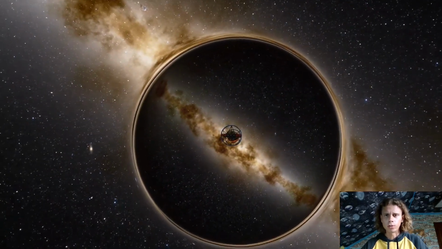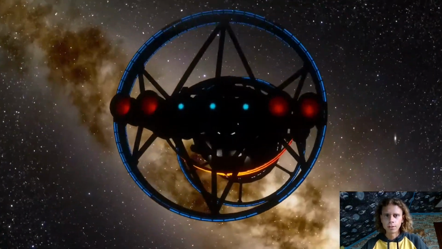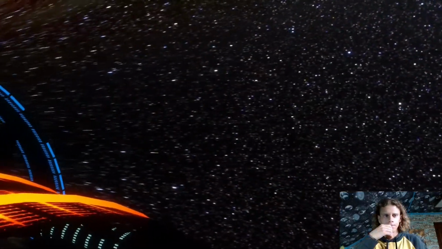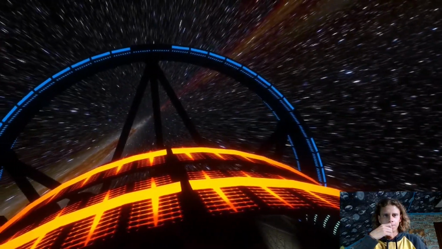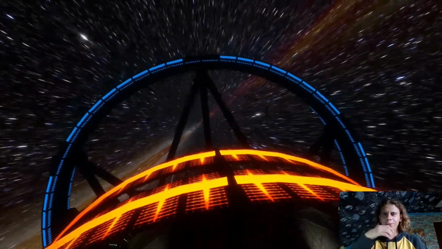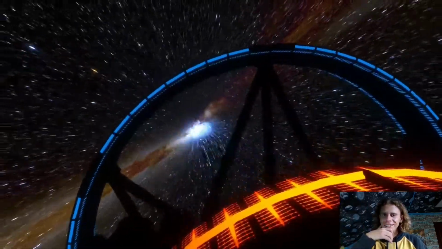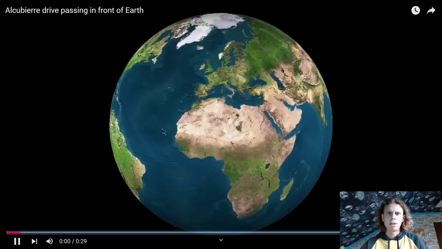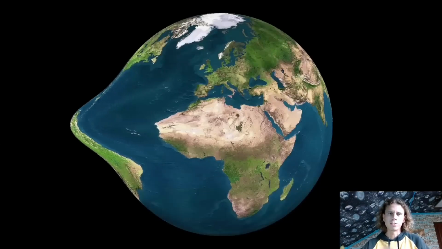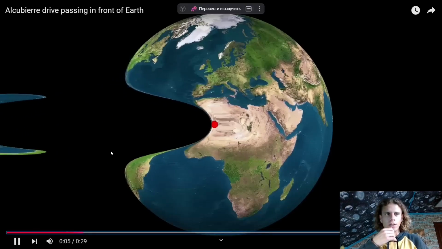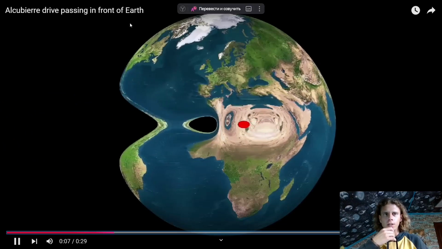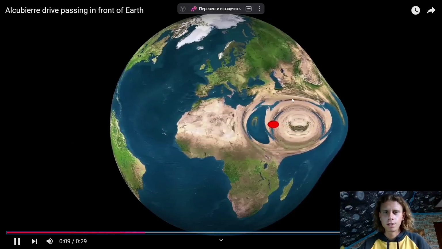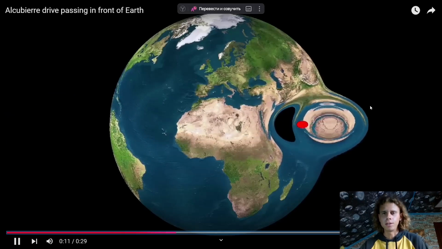This is the gravitational lensing effect. It's really cool, you know. And also this video where the Alcubierre drive is passing in front of Earth, you can see this distortion.